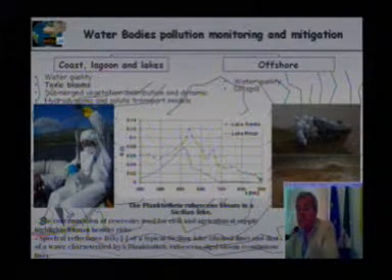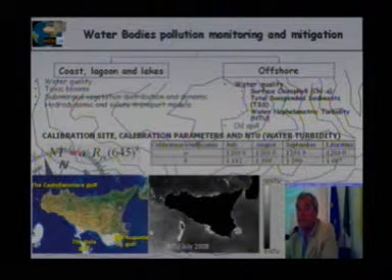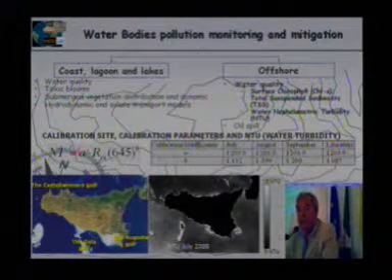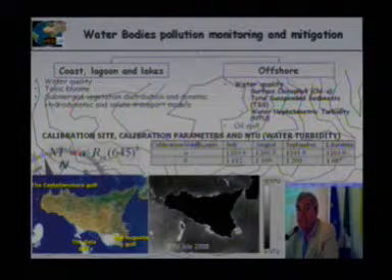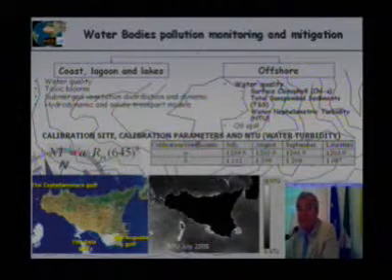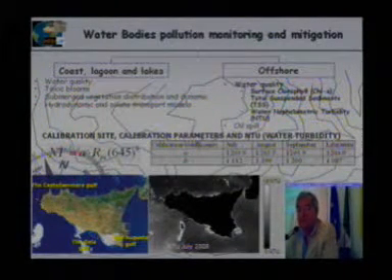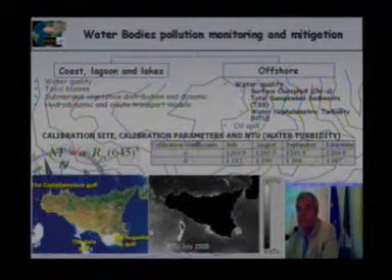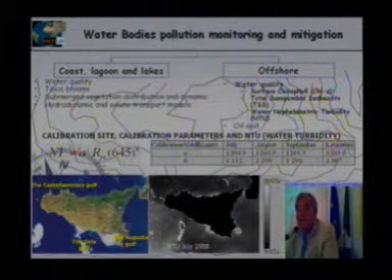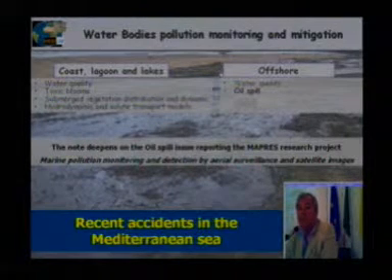But in other studies we have made in offshore areas, we studied water quality, like surface chlorophyll and turbidity, as you can see on these two slides. The other images relate more specifically to oil spills.